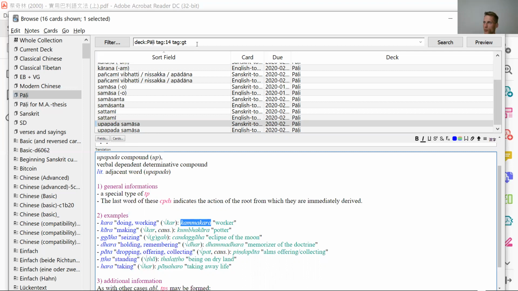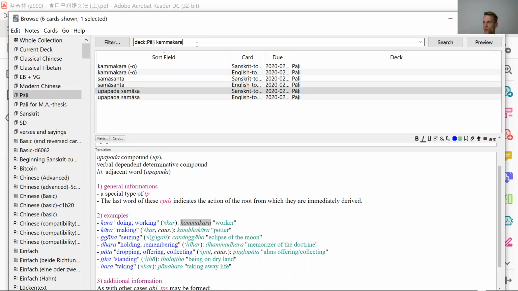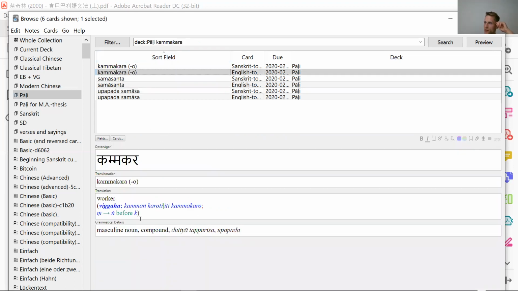And the vikkaha, the grammatical analyzers, the full verb form is provided for these verbs. So here, kammang karoti iti kamma karo, he does the work, hence worker. So this is also Dutya Tappurisa, because kammang is the direct object of the transitive verb karoti.